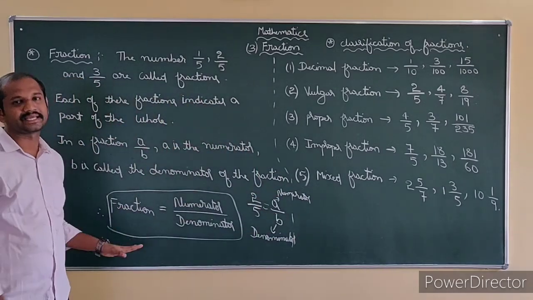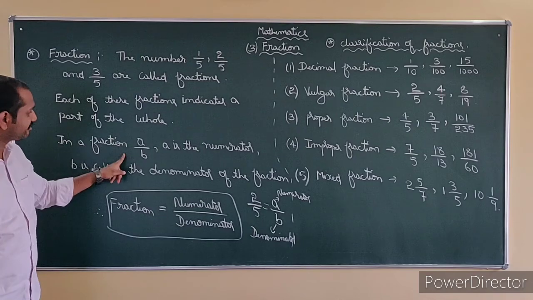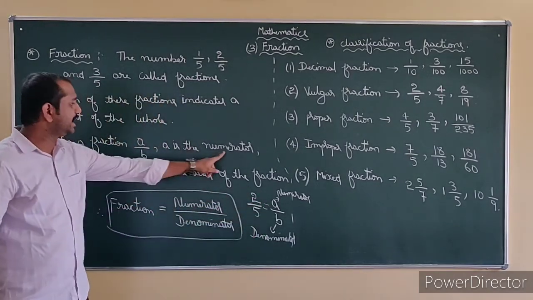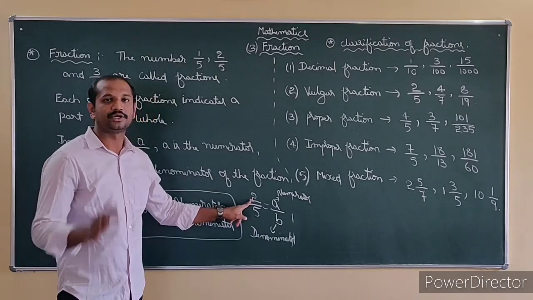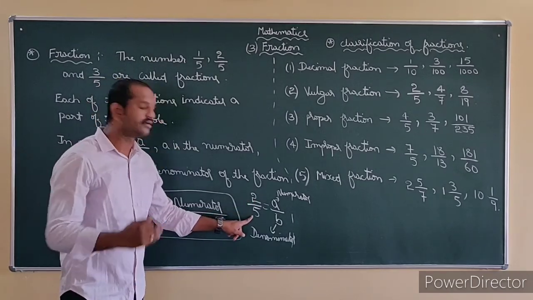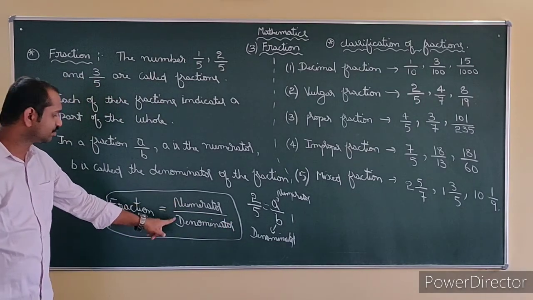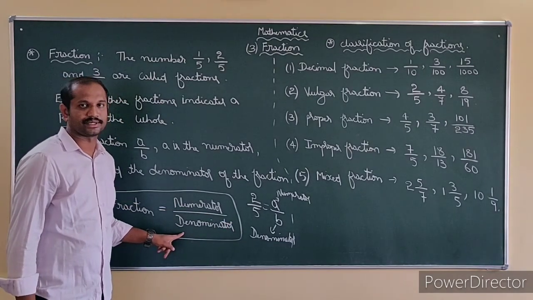This is what we write in the case of fractions. Here, which is the A? 2. So 2 is the numerator and 5 is the denominator. So we can say fraction is equal to numerator by denominator.